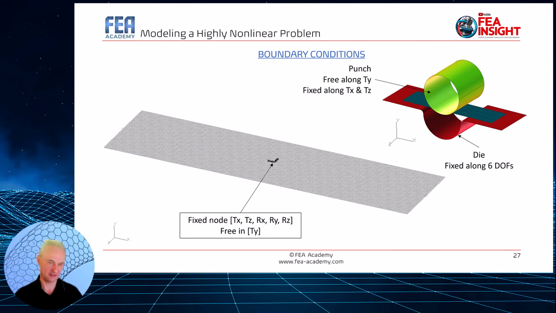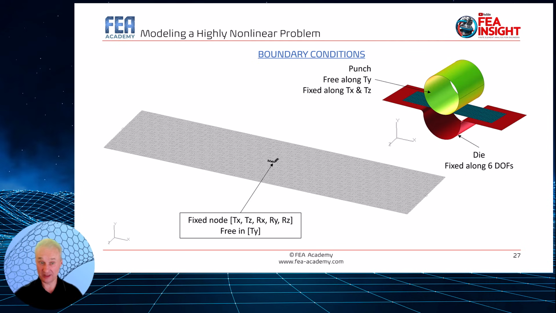The plate now, it is the same. We have to control the degrees of freedom of the plate. When I mesh the plate, I make sure that there is a node exactly in the middle of the plate. This node is located at the exact location of half the width and half the length, okay?